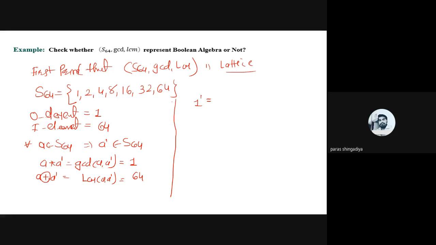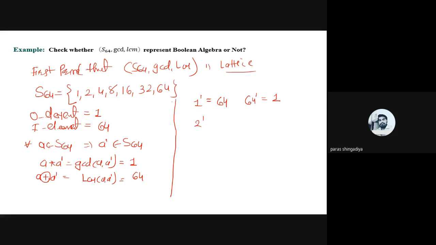So only one possibility is there, 64. Clear? 1 dash is equal to 64 here, because we can easily check that GCD of 1 with 64 is equal to 1, and LCM of 1 with 64 is equal to 64. Clear? So that is the answer for this one.